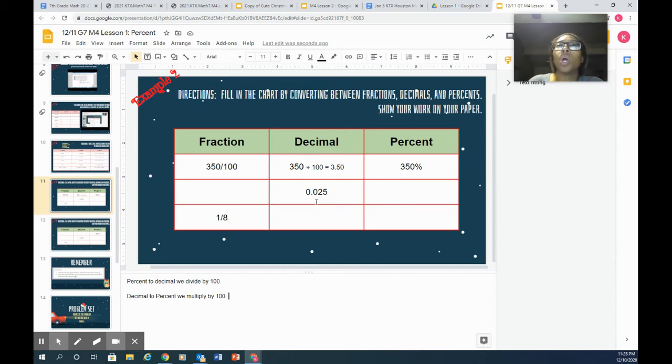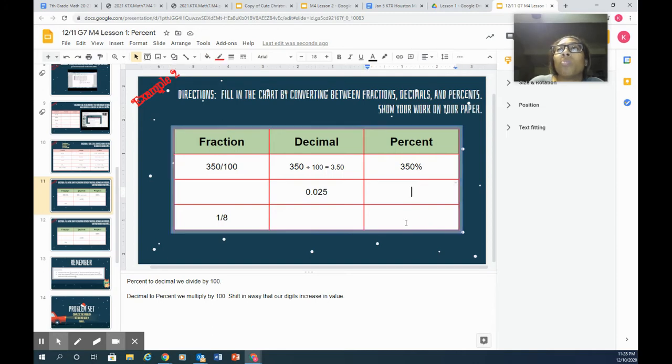Well, once again, using our knowledge of place value, what that tells us is that our digits are once again going to shift. But this time, since we're multiplying, our digits now increase in value. That means our digits are going to shift to the left.